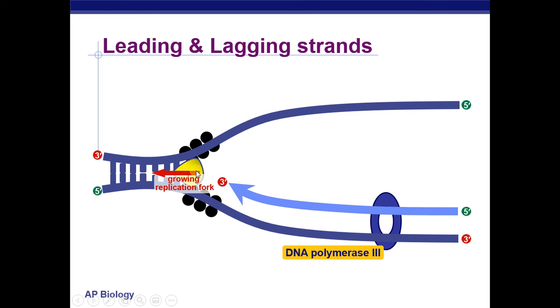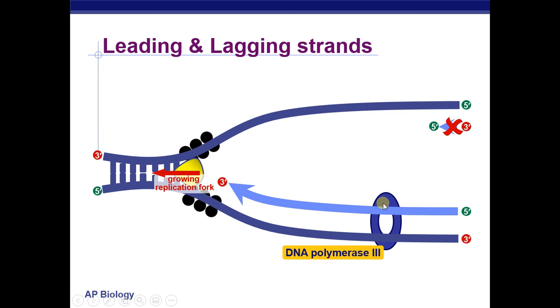And as helicase continues to unwind the DNA, it can keep going and going and not stop. On the other hand, DNA polymerase, if it was going to go this direction, would have to go from the 3' end to the 5' end of the new strand. That's not allowed.